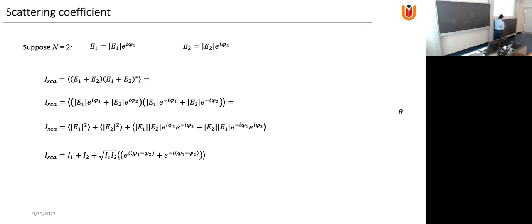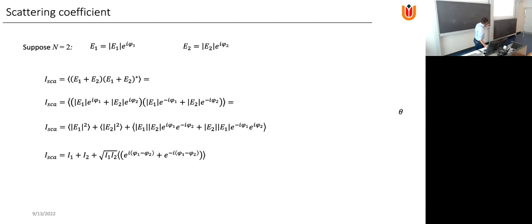But then we have this third term. So E1 times E2, we can write that as the square root of intensity 1 times intensity 2. We can group the phase terms together. So we have these two exponential terms, one with a positive phase and one with a negative phase, and in between is the phase difference between both particles.